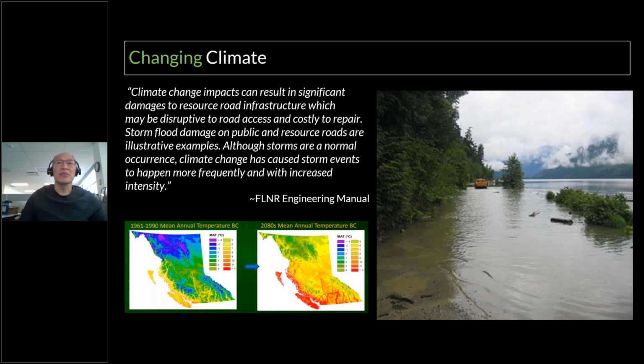For a period of time, there wasn't any major highway access from the coast to the interior of British Columbia. A number of the public highways had been damaged. People had to go through the States in order to get to the interior.